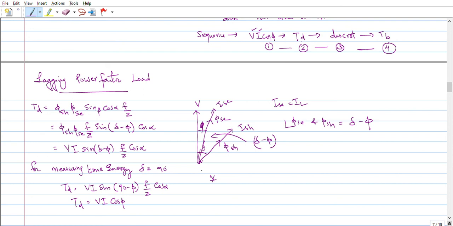Therefore, what is the conclusion? To measure the true energy using an energy meter, the angle between voltage and current, that is delta minus phi, must be such that delta is equal to 90. Only then do we get the cos term.